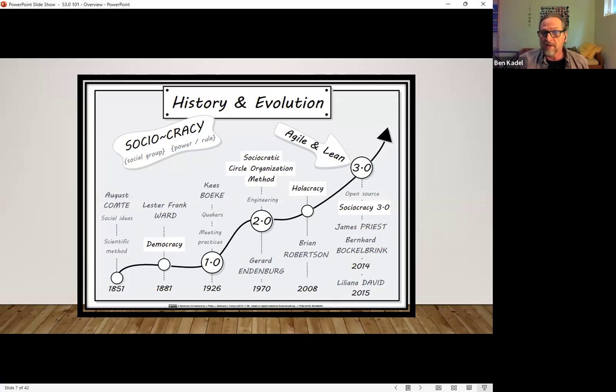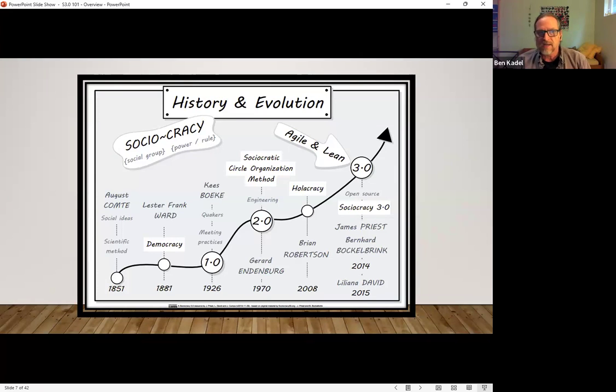And even before that, there were some deep roots in Quaker meeting practices and in some face-to-face democracy tools that have been around for almost 100 years. And more recently, this is where some of the flavors of sociocracy have started to develop.